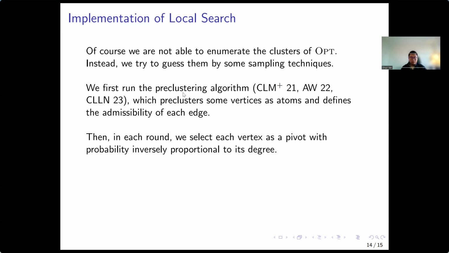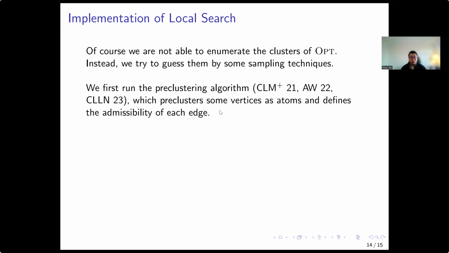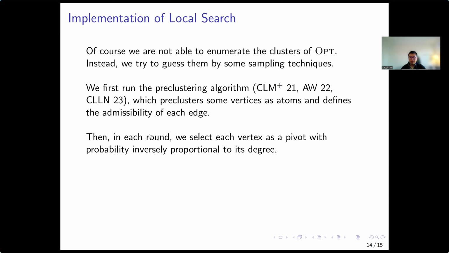The pre-clustering will pre-cluster some vertices, called atoms. These are vertices that are always together in the optimal solution. And it defines the admissibility of every edge. If an edge is admissible, then they are allowed to be together. And then in each round, we select each vertex as a pivot with a probability inversely proportional to its degree.